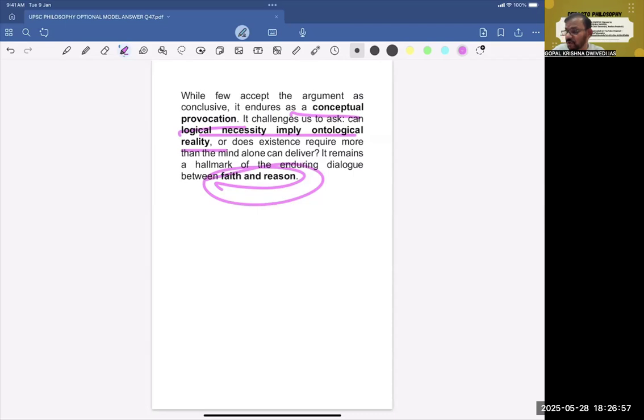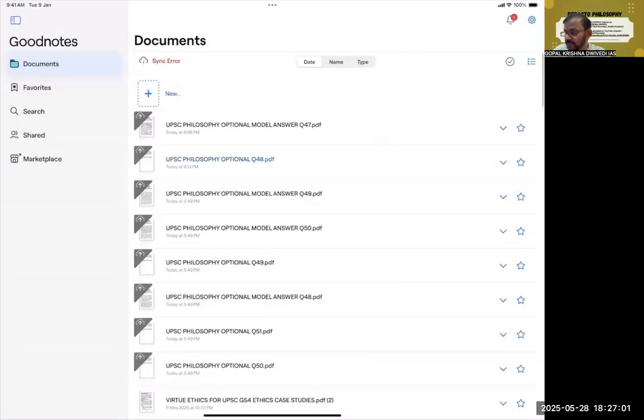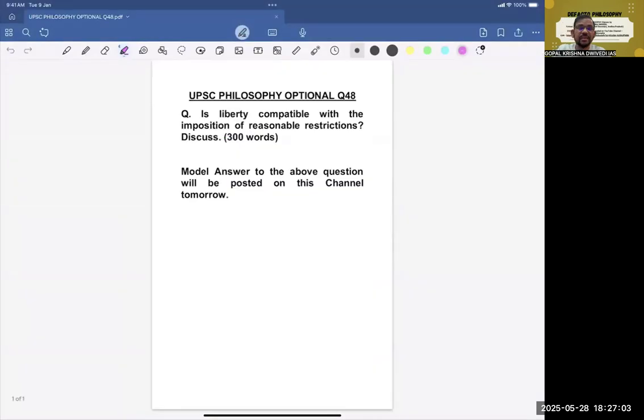Now let us see tomorrow's question. Tomorrow we will have a question from socio-political philosophy. The question is: is liberty compatible with the imposition of reasonable restrictions? Discuss. Again, I will read: is liberty compatible with the imposition of reasonable restrictions? Discuss.